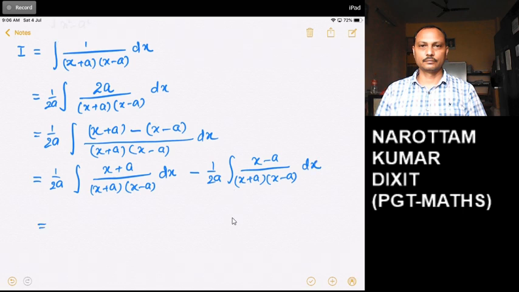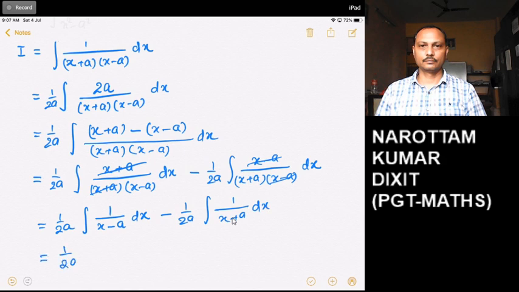In the first term, x plus a cancel out. In the second term, x minus a cancel out. So, in the first term, we have to find integration of 1 upon x minus a, and in second term, we have to find integration of 1 upon x plus a.